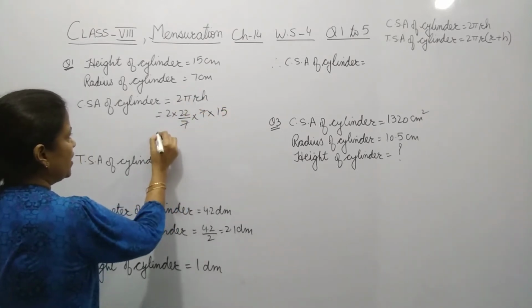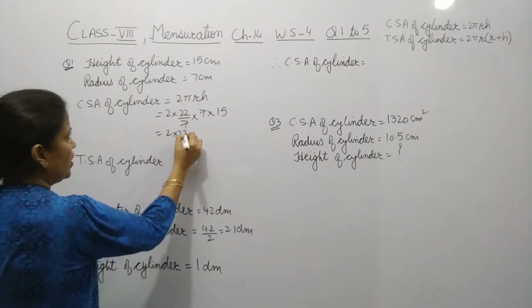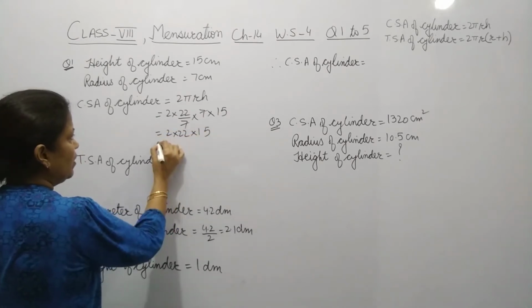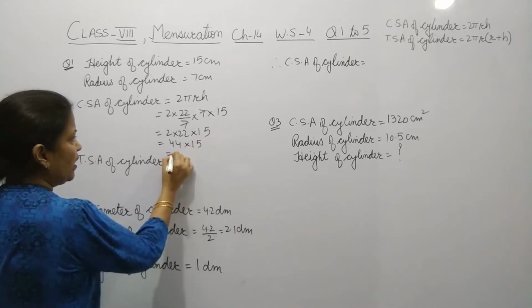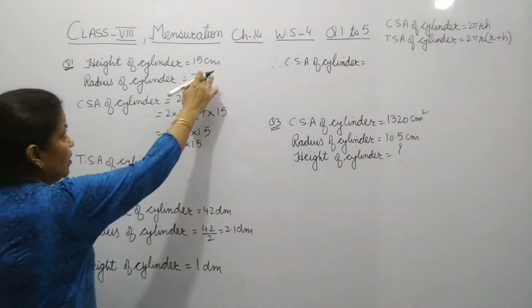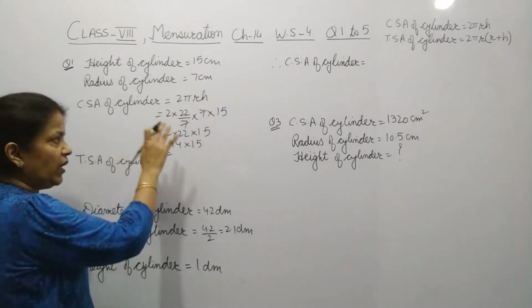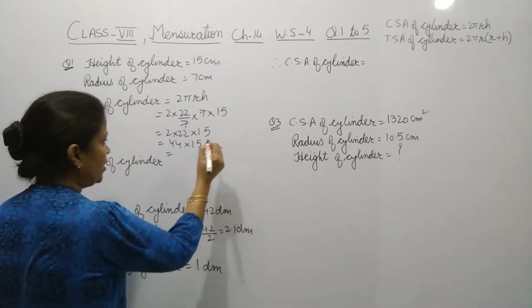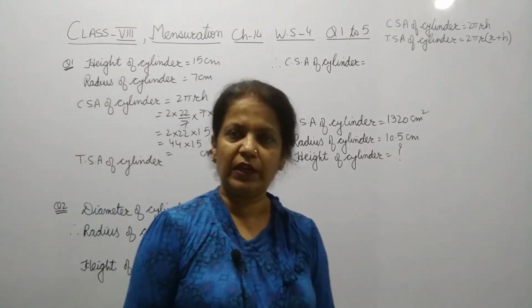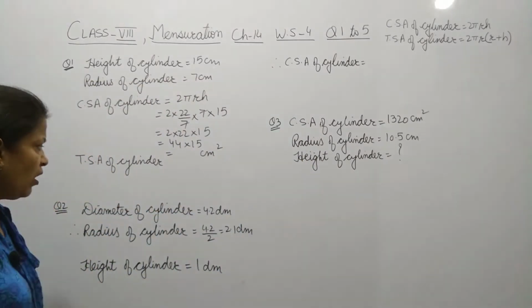The 7s cancel, so 2 into 22 into 15. Now you can multiply it. Whatever answer you get, look at the unit. Its area will be in centimeter square. The unit of area is centimeter square or meter square.